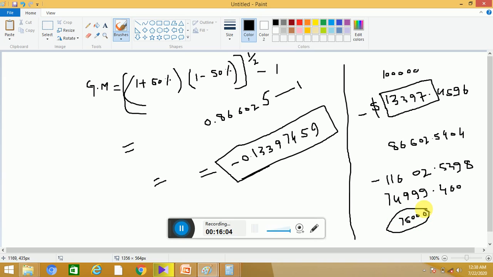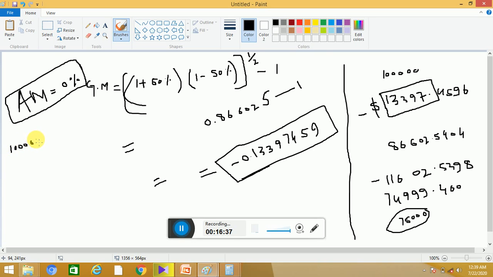Now check the difference between these two measures. Arithmetic mean was telling us there is a 0% profit, no profit and no loss. But when we actually calculate, what was our initial amount? 1 lakh.